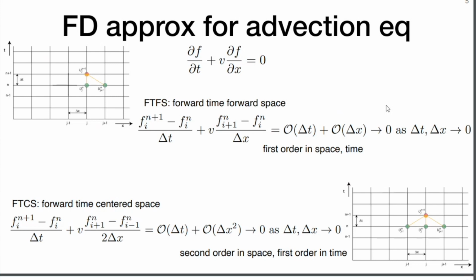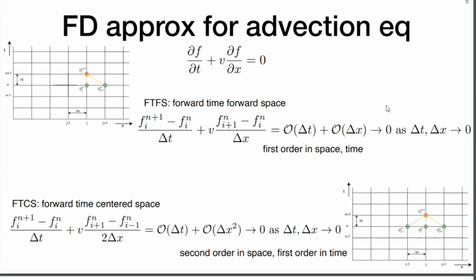Let's just write the forward time, forward space, difference approximation for this PDE. I told you the recipe to convert partial derivatives into differences. So you just apply forward in time. So this is the forward in time difference approximation for dou f dou t.